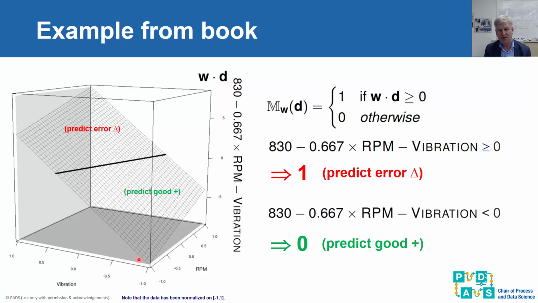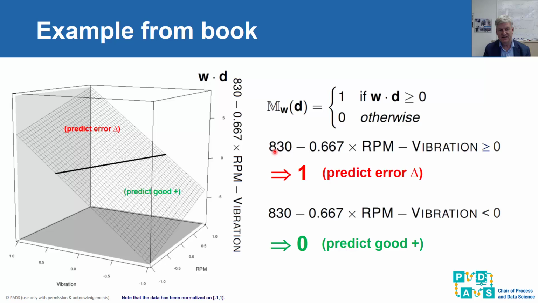So we can plot this value using RPM and vibration as input variables, and then we can compute the value, and then we can talk about being above or below. If we look at this plane, we can talk about what is above 0 and what is below 0, and that corresponds to: if we are above, we predict an error. If we are below, we predict that it is good. So this diagram is now showing the result of this expression.